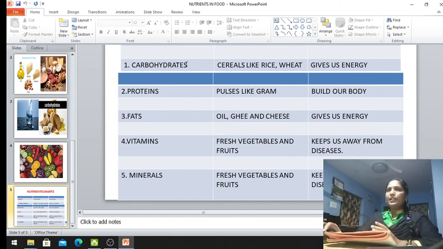This total chart will help you to complete S2 on page number 21. Understood, children? So your homework today is to complete pages 20 and 21 and be ready for tomorrow's class to know about balanced diet. Okay, children? Thank you.